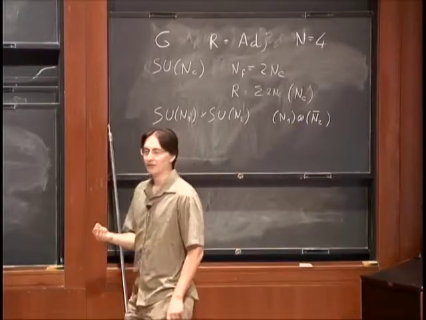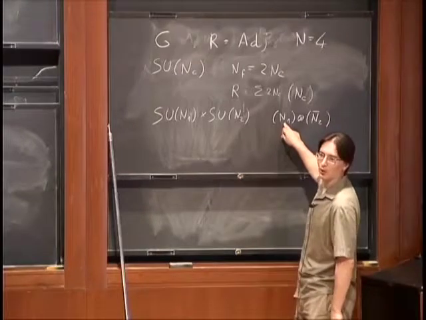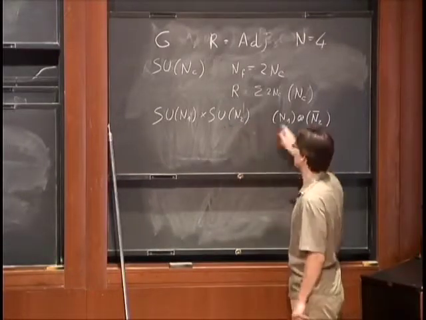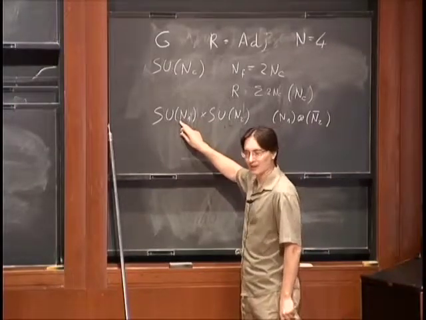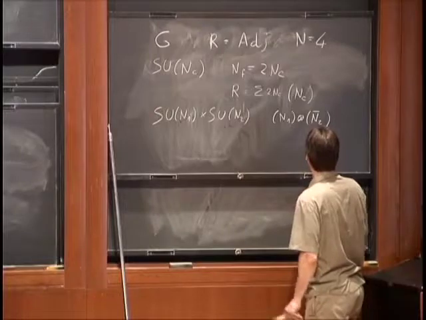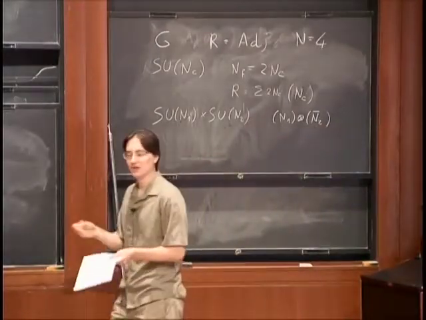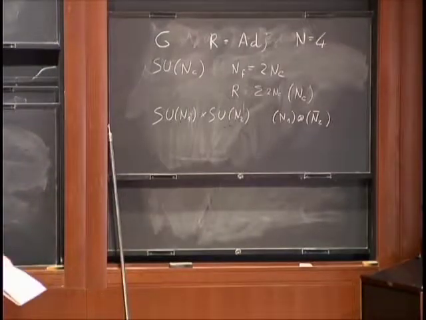Now, if you do that, a bifundamental counts as N1 copies of a fundamental for this gauge group, and N2 copies of this fundamental for this gauge group. So if you have several unitary gauge groups, you can take several combinations of bifundamentals and fundamentals to get your beta function to vanish.